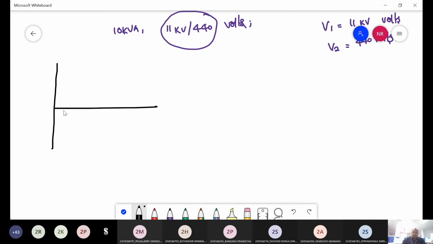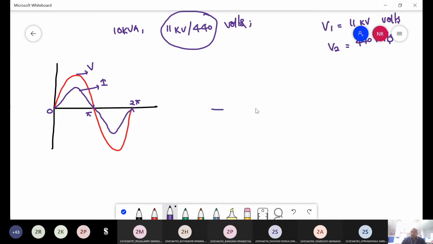Suppose if these two alternating quantities, right, this is one and another one, suppose it is V and it is I, right? 0, pi, 2 pi.